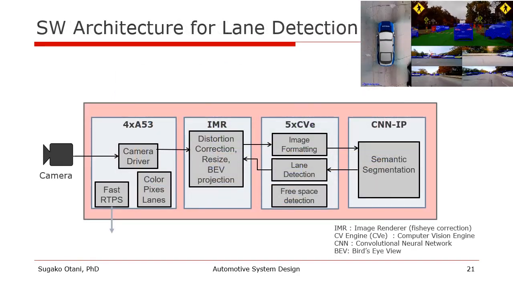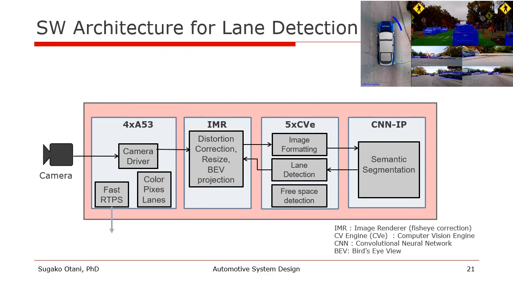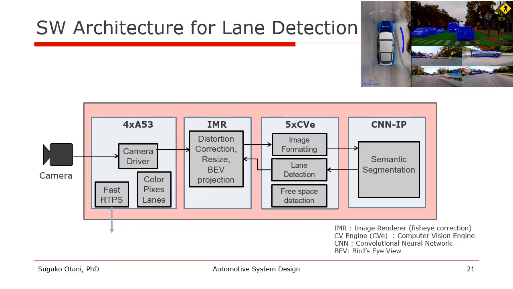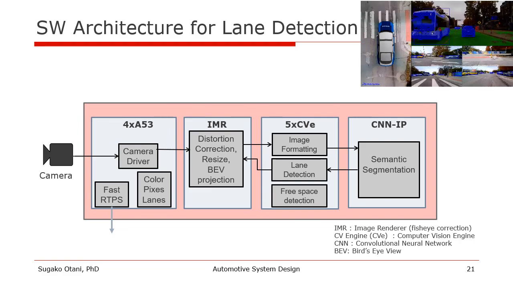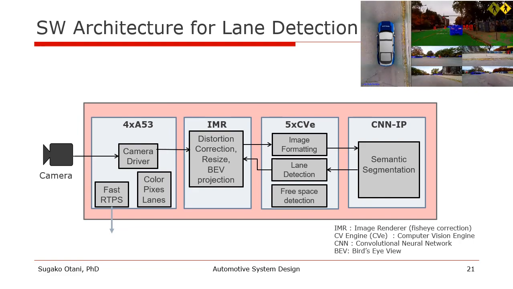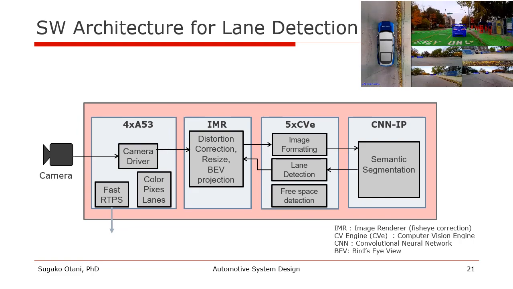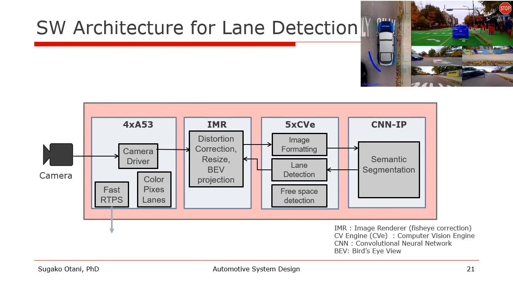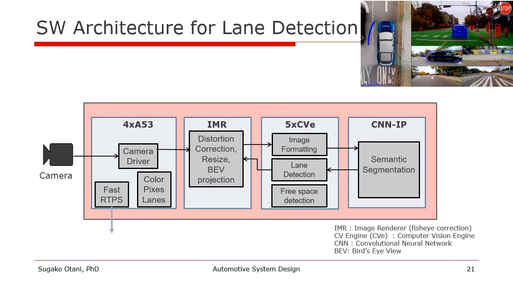This slide shows software architecture for lane detection, one of the road feature detections, in the front-facing camera system. The image data input from the camera is distortion corrected and resized by the image renderer. And then, image formatting is performed by the computer vision engine.